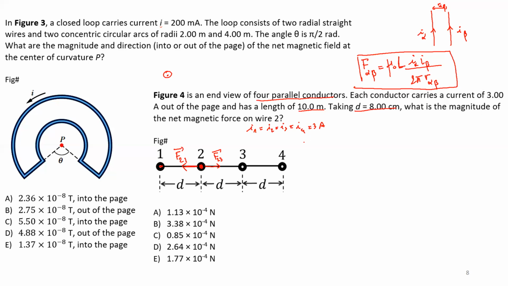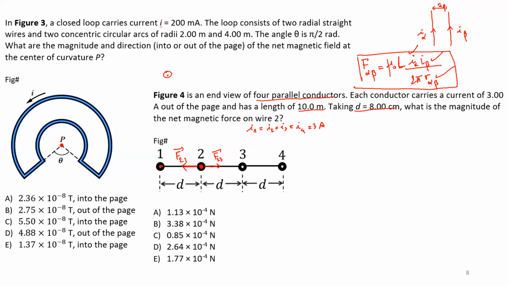So F21 and F23 will cancel each other. They are equal in magnitude and opposite in direction, because the currents are the same and the distances are the same.